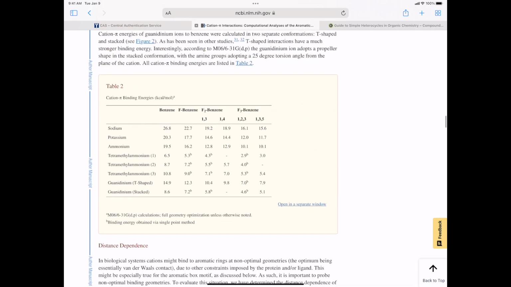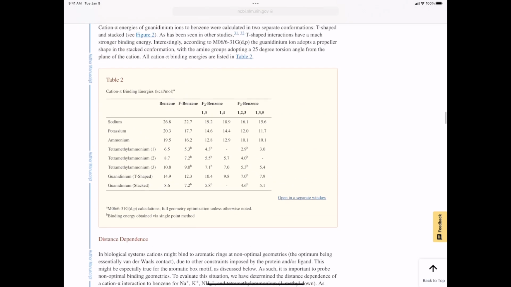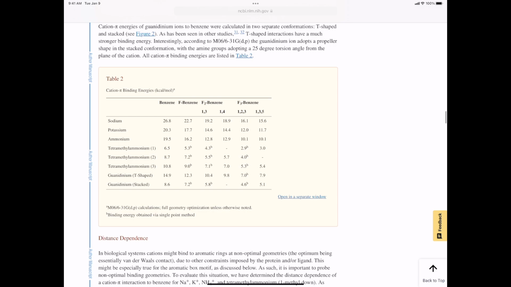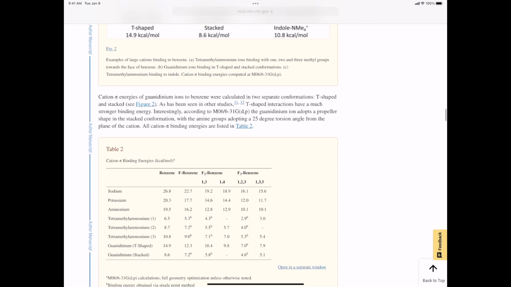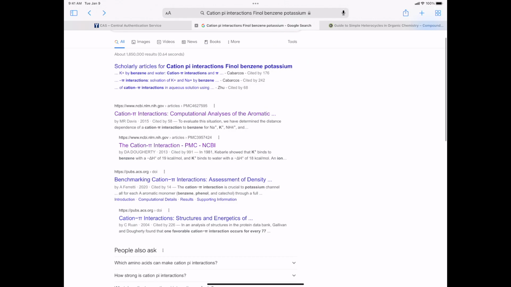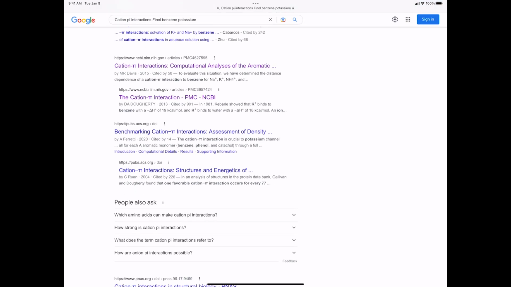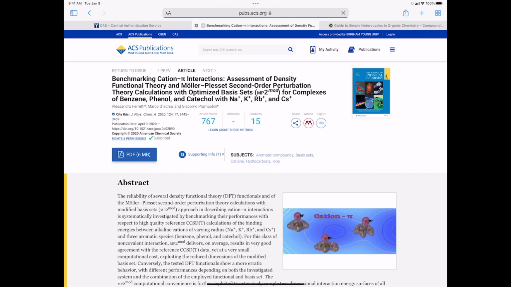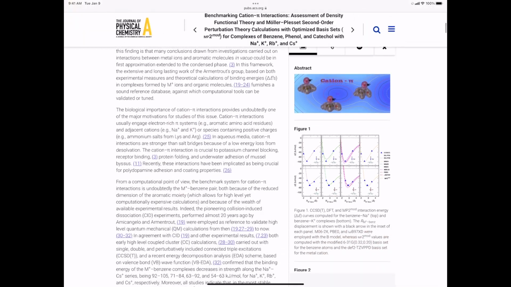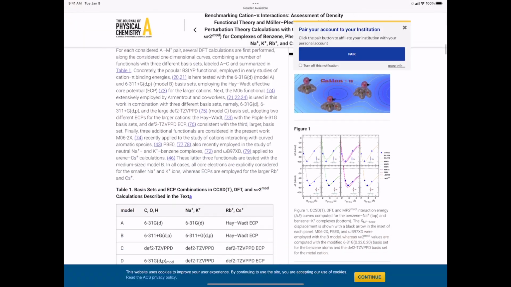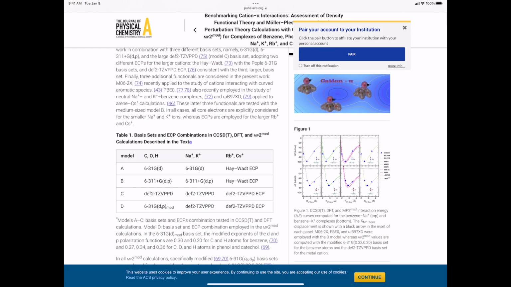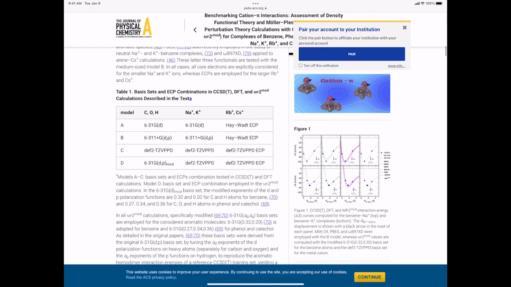I think they're doing fluorobenzene instead of phenol. Maybe this is the one, huh? DFT results.